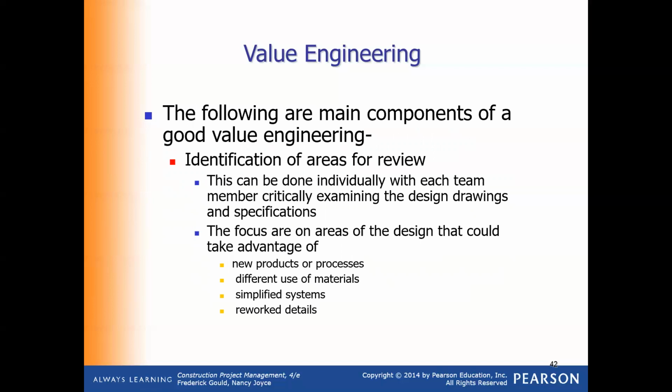Basically, this is for individuals or team members who examine drawings and specs in the hope of coming up with good strategies to help the project out. What they look for are new products and processes, different use of materials, simplified systems, and reworked details.